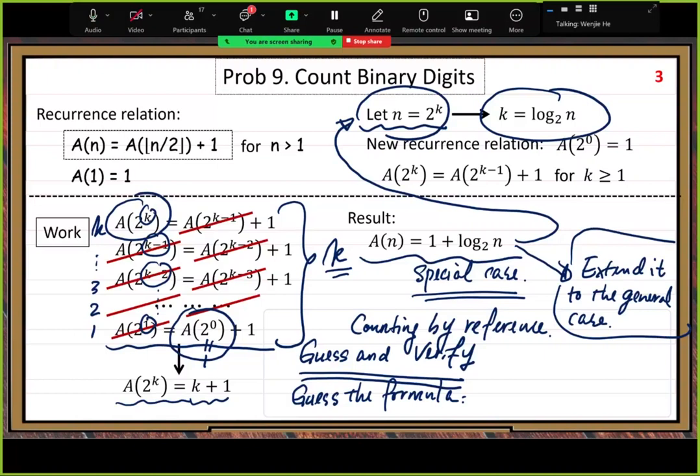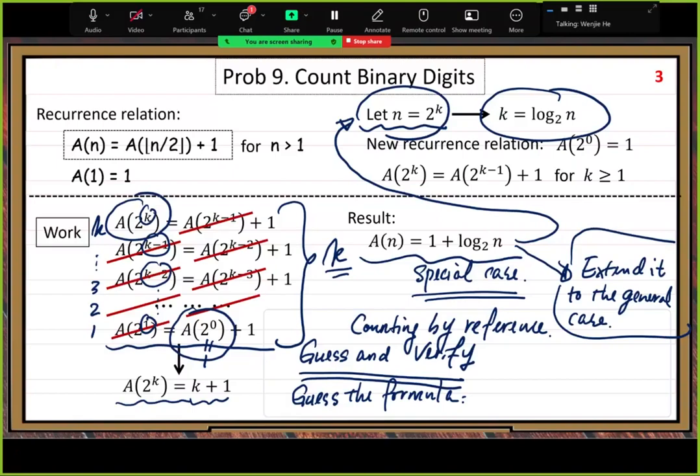You need to bridge the gap between your guess and the true answer. If the gap is too big, you need to do a lot of work. Only when the gap is very small, you do not need to do a lot of work. It is much easier to fix the gap. So here, we need to make a reasonable guess based on the special case formula.